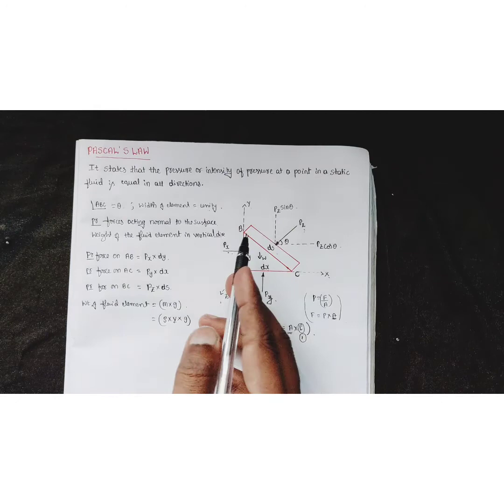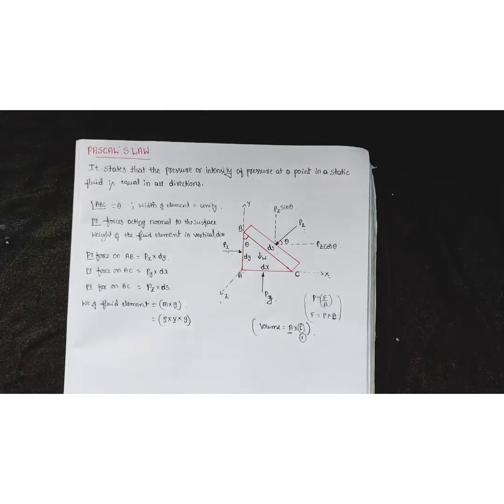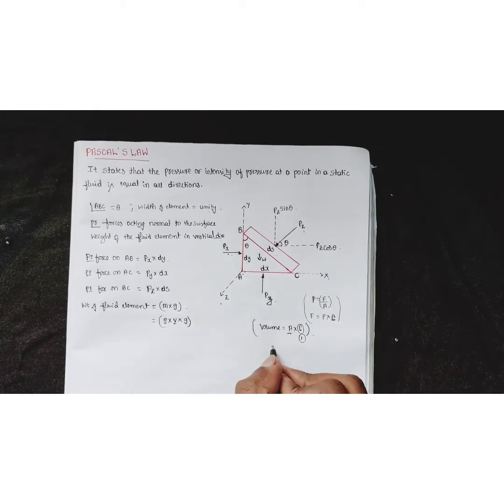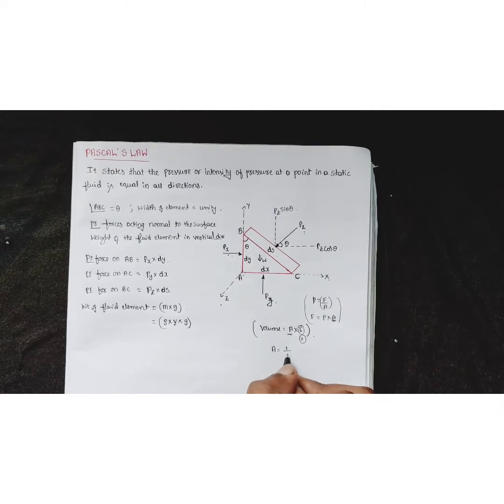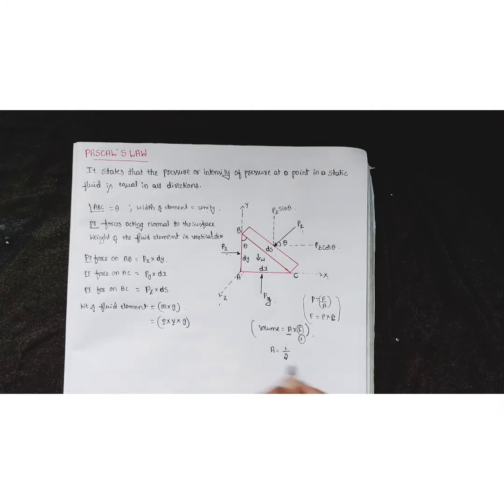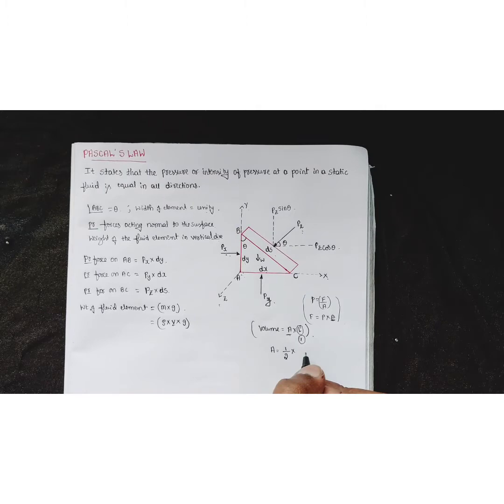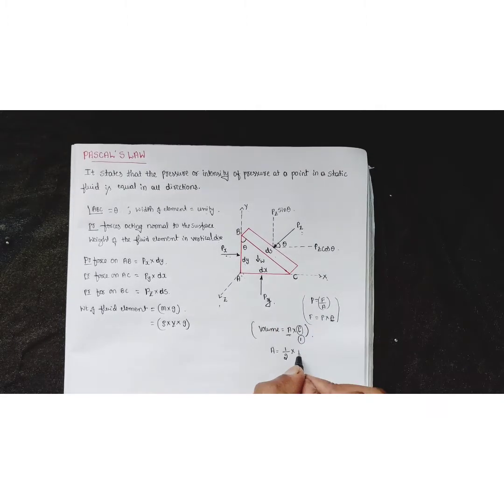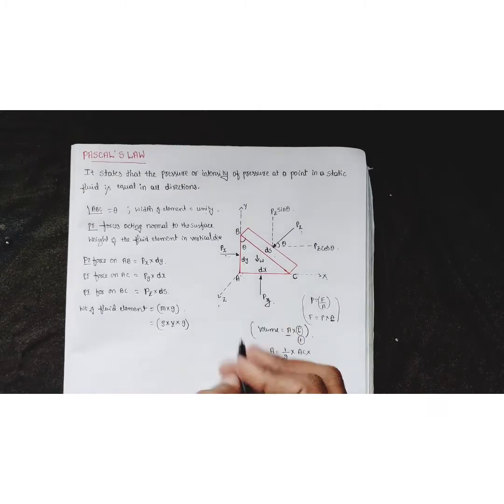This wedge we have considered is in the form of a triangular shape. So the area we can define as half into b into h. What is the base? Base is AC. And what is the height? It is AB.